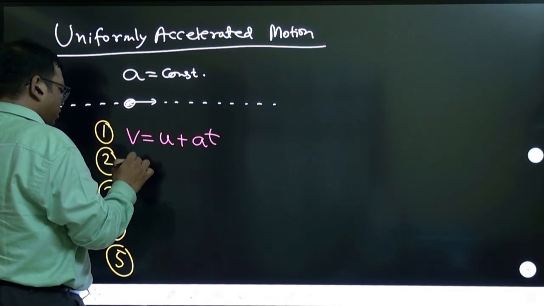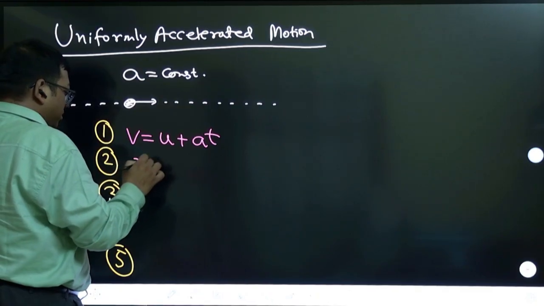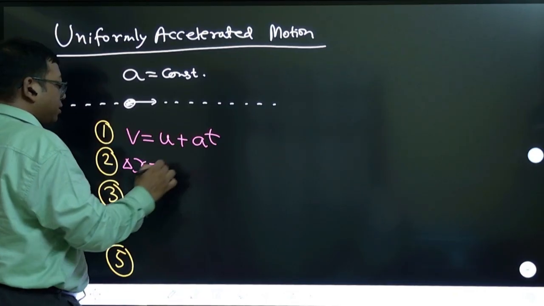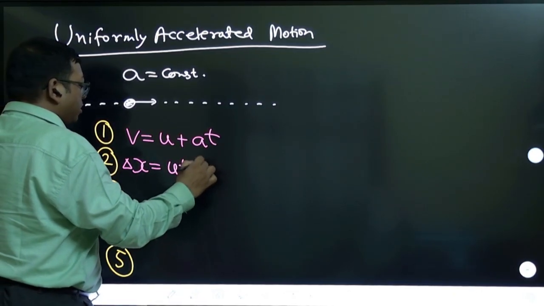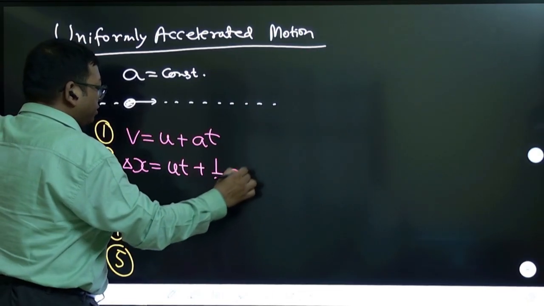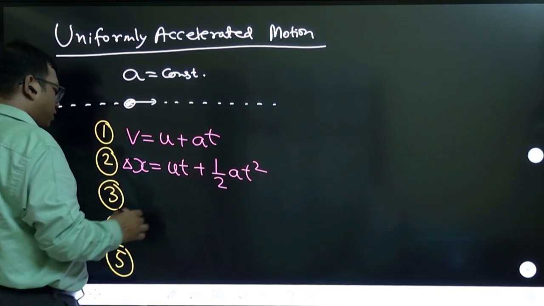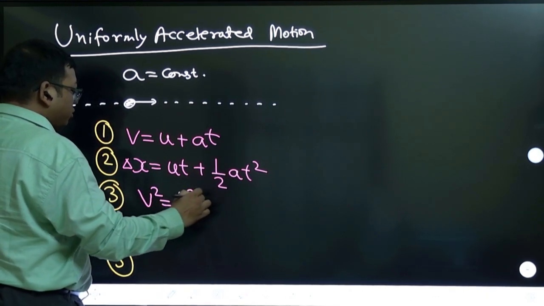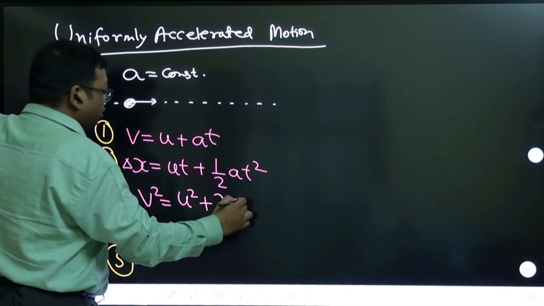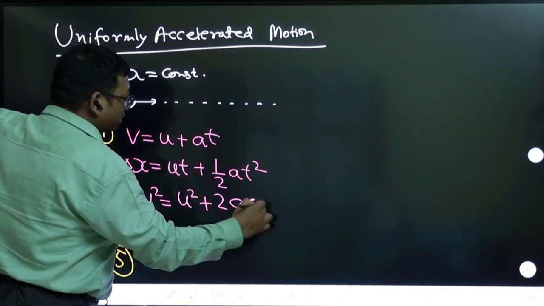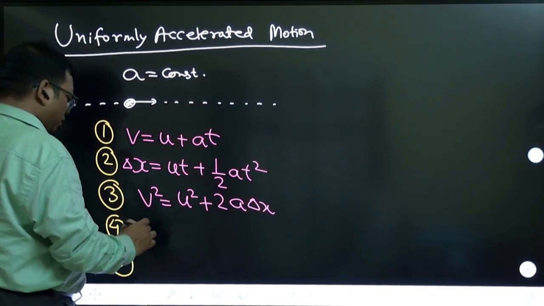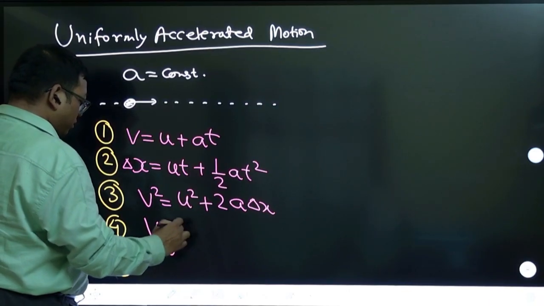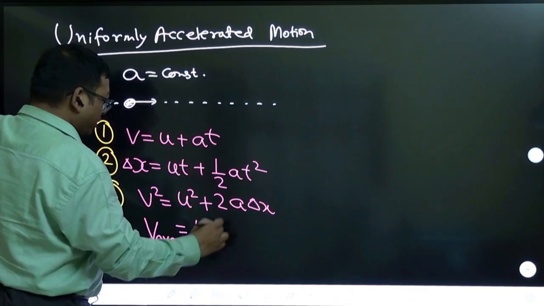Second formula is displacement, delta x, equal to ut plus half at square. Third equation is v square equal to u square plus 2a delta x. Then the fourth equation is average velocity equal to (u plus v) by 2.